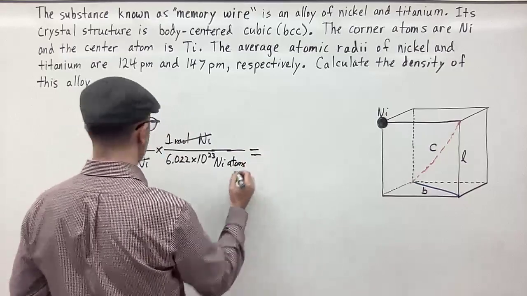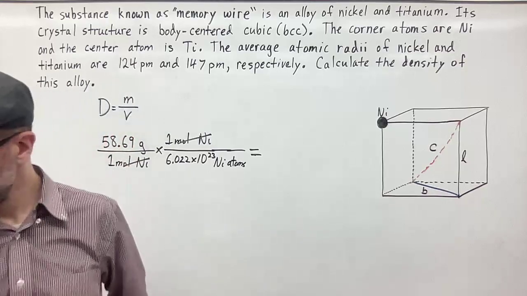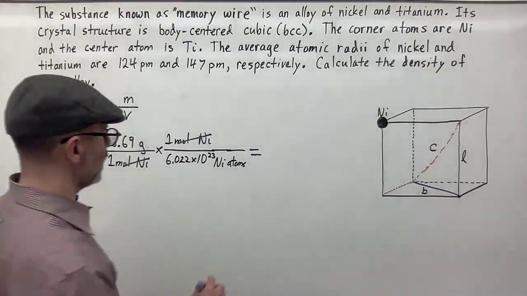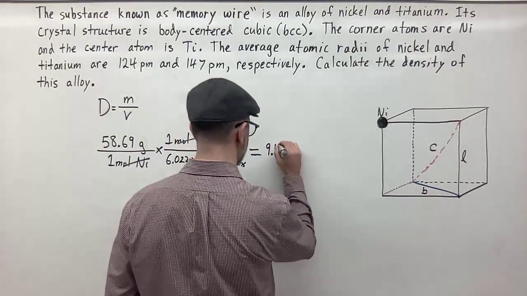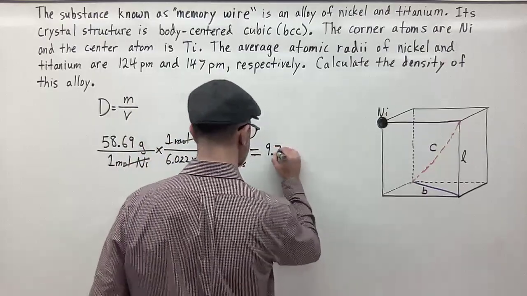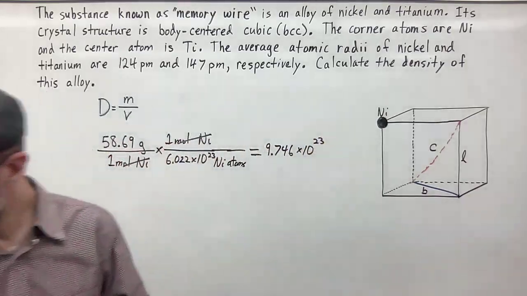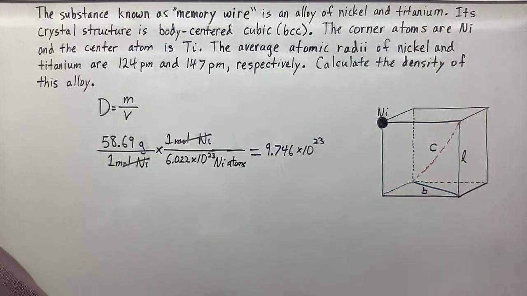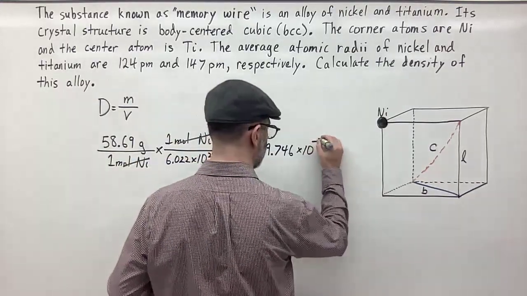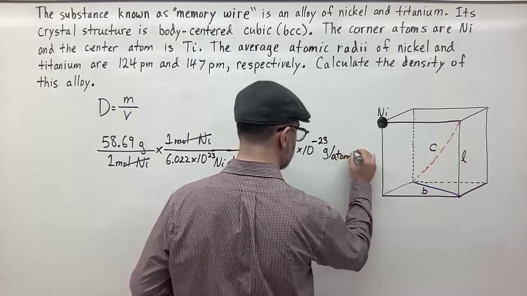And all I have to do now is take the grams divided by the number of atoms, and I'll get the grams per atom. When I do that, I get 9.746 times 10 to the negative 23rd grams per atom of nickel.